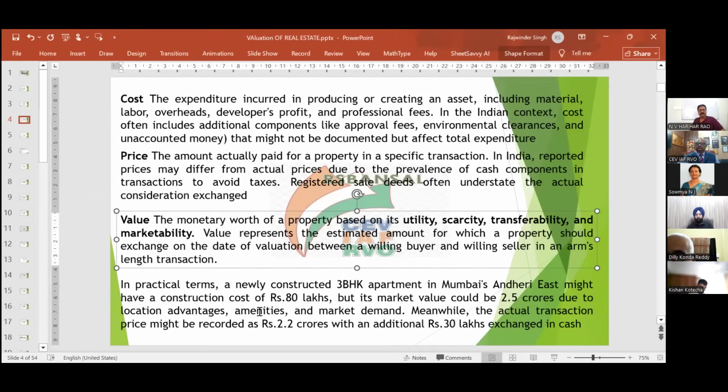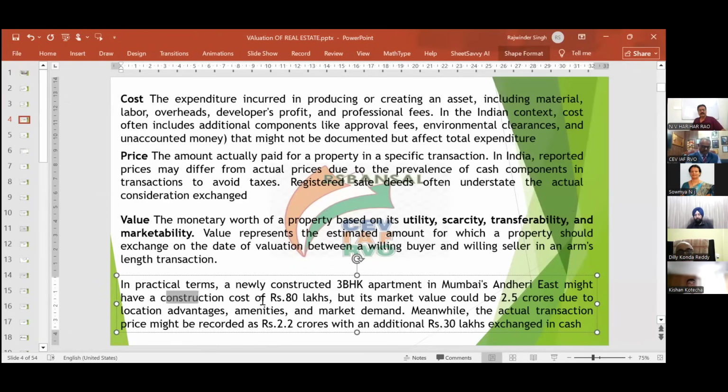So, for example, in practical terms, a newly constructed 3 BHK apartment in Mumbai's Andheri East might have a construction cost. Let us suppose the construction cost of this 3 BHK flat is 80 lakhs. But its market value could be 2.5 crore.